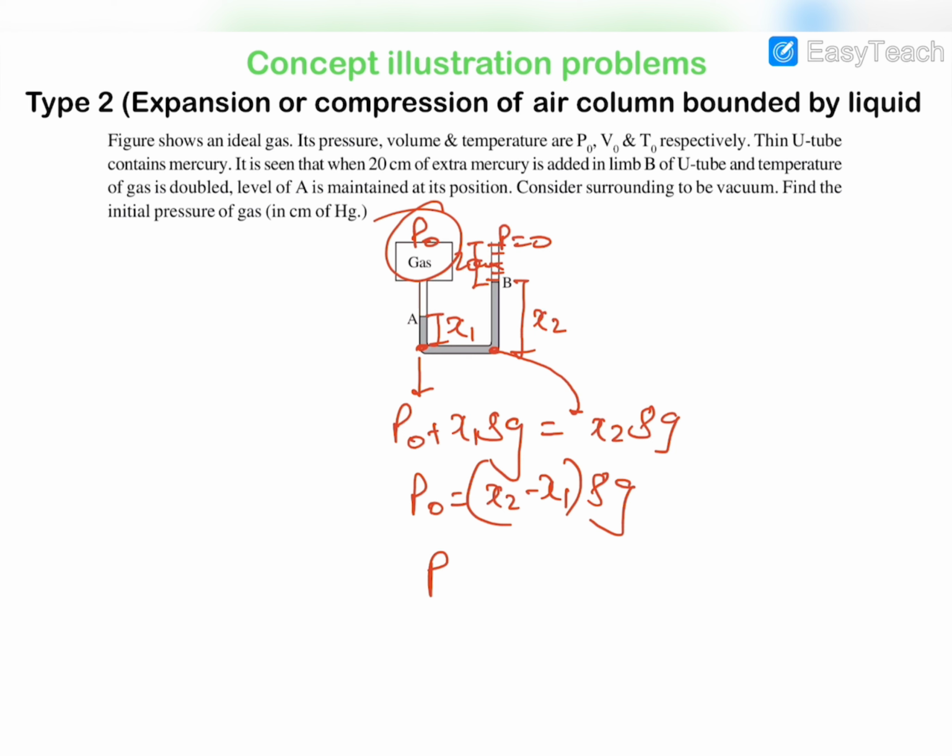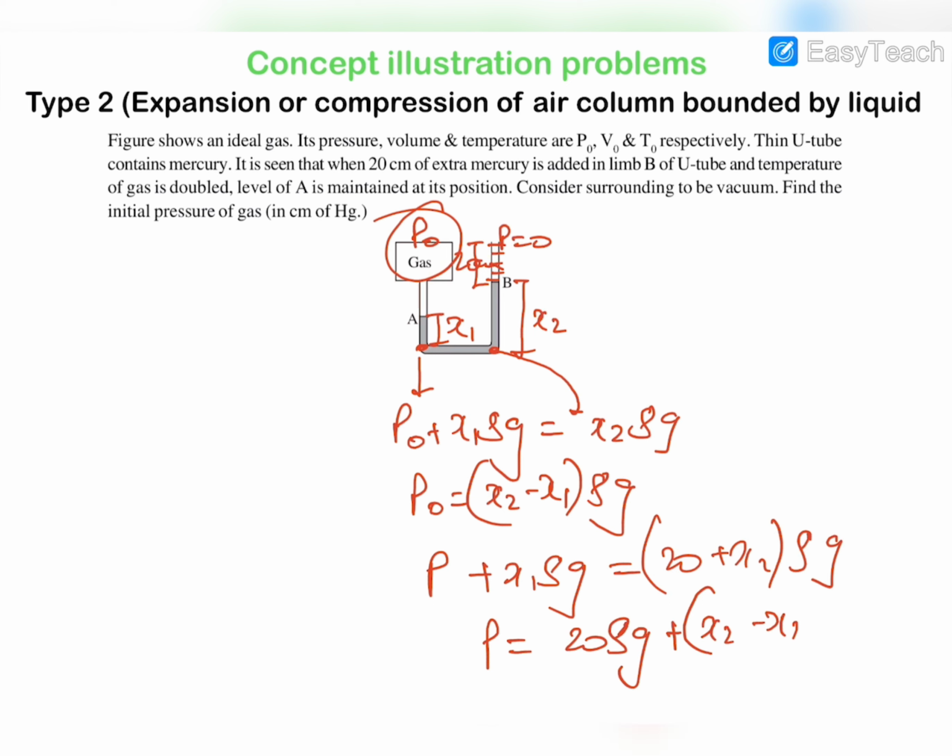So let the pressure be P, and P plus x1 rho g, because this x1 will remain constant, will be equal to (20 plus x2) rho g, and P will be equal to 20 rho g plus (x2 minus x1) rho g. So P will be equal to 20 rho g plus P0. So this is P, and it is also given in the question that the temperature of the gas is doubled.